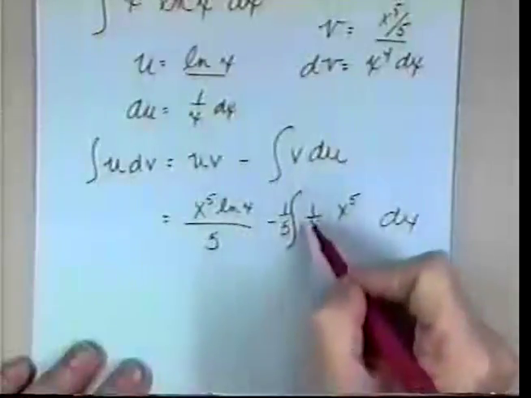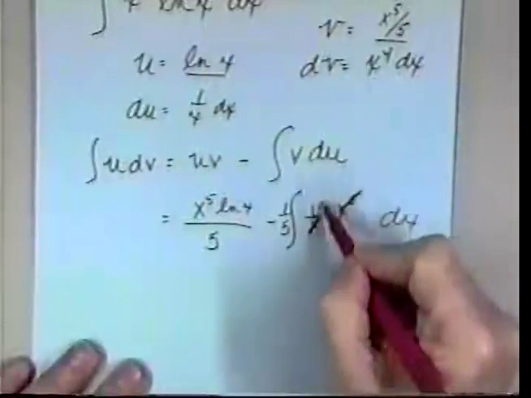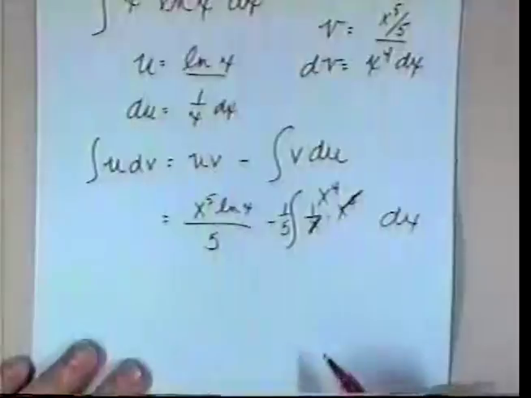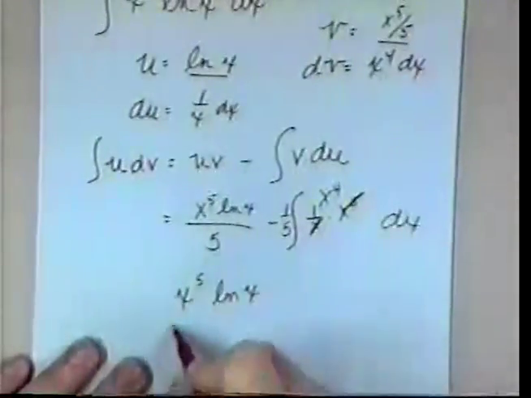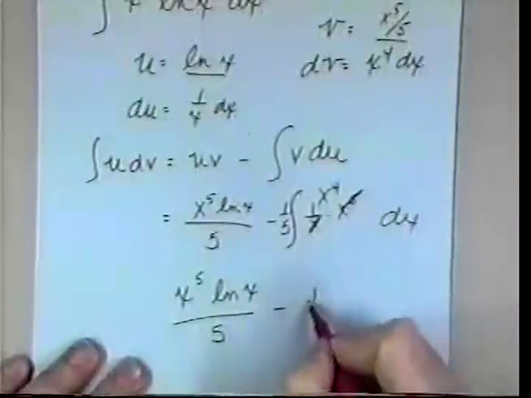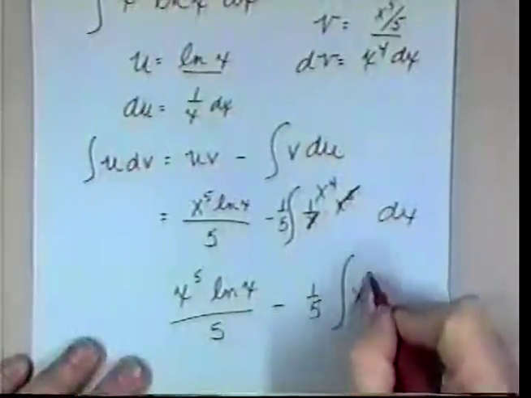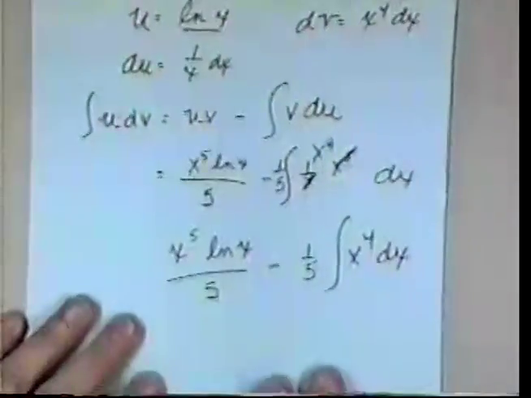Interesting little thing here. X cancels with the x to the fifth, makes an x to the fourth. So we have x to the fifth log x over 5 minus 1/5 the integral x to the fourth dx.